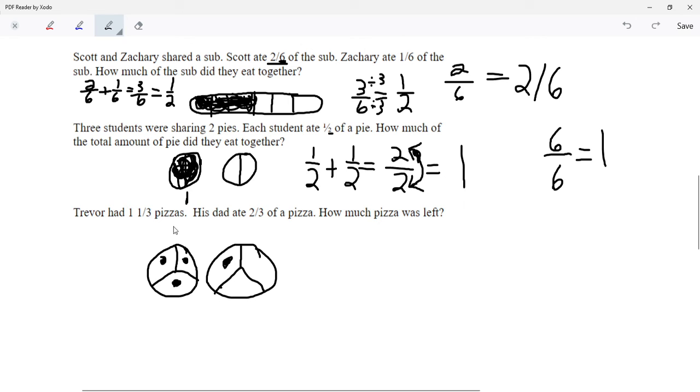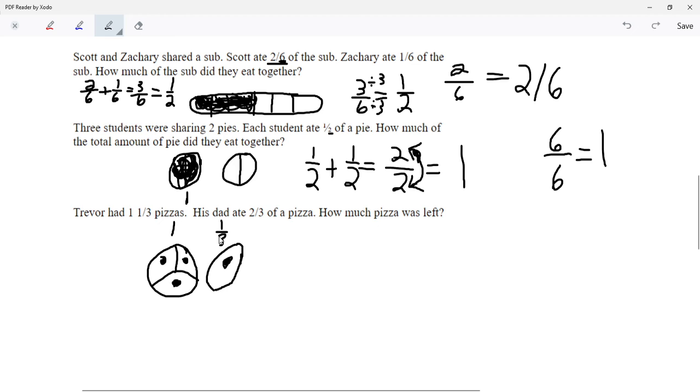So this whole pizza, and then this part 1/3. Okay, so we don't have these. These are just blank. The two that are not filled in. So really, we just have 1, and I guess we could erase this part, right? So it would just be like that.